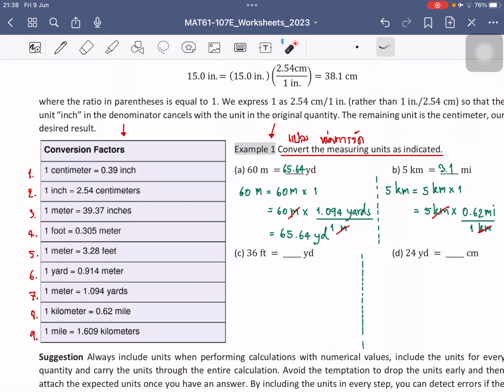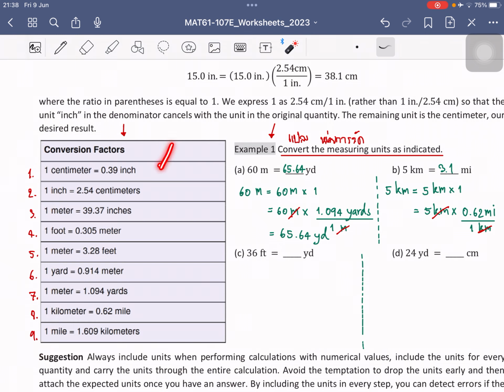You have only feet to meter and from meter to yard, right? Okay, again, you want to change the unit from feet to yards, so you have to use those first, because in the table there is no direct conversion from feet to yard.